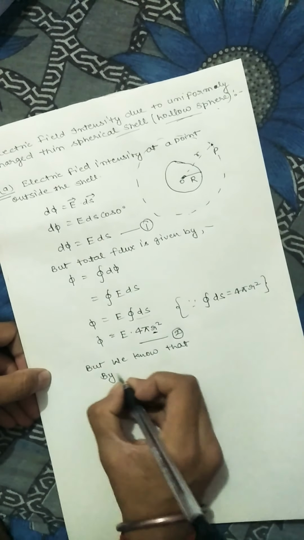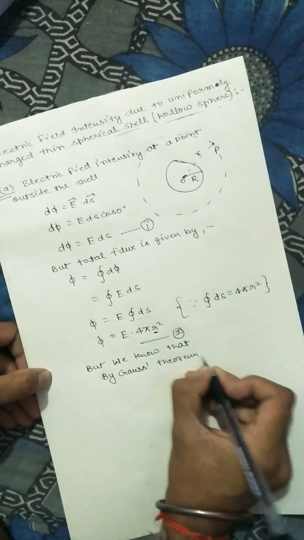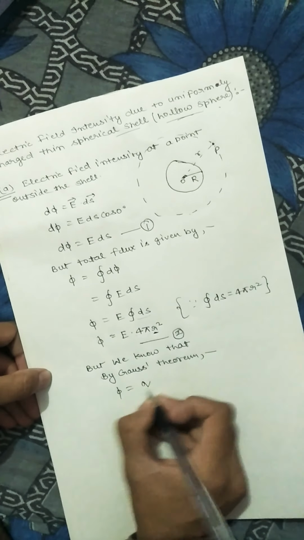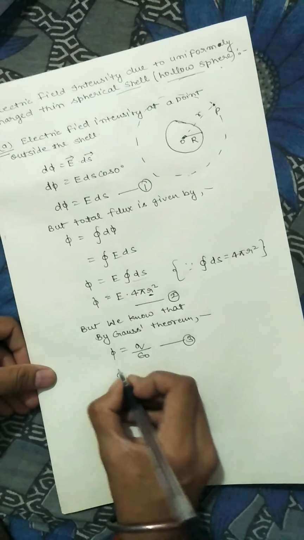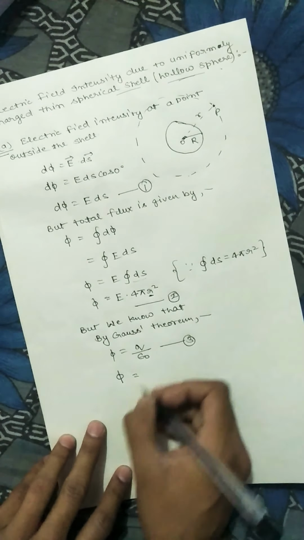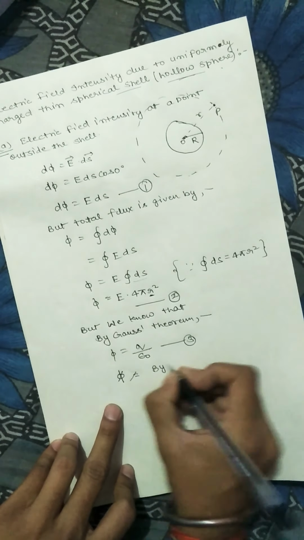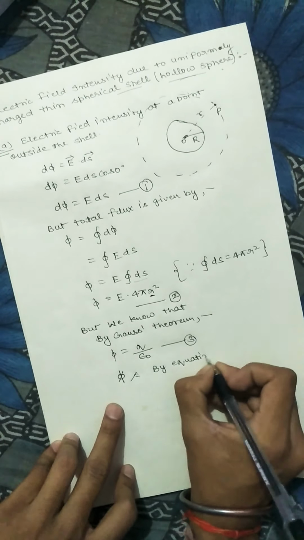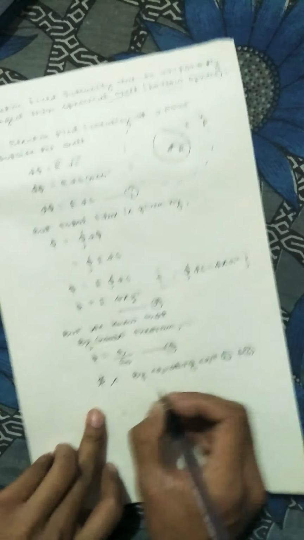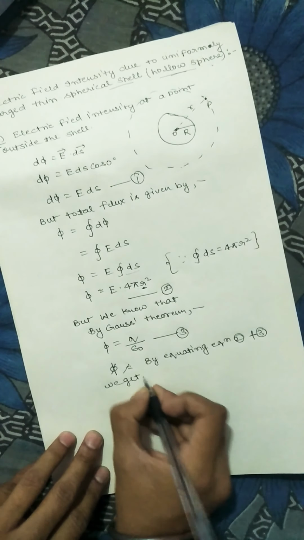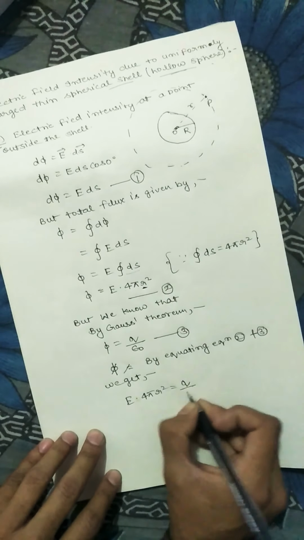But we know that by Gauss theorem, phi is equal to q upon epsilon naught. This is equation number 3. Now by equating equations 2 and 3, we get E dot 4 pi r square equal to q upon epsilon naught.